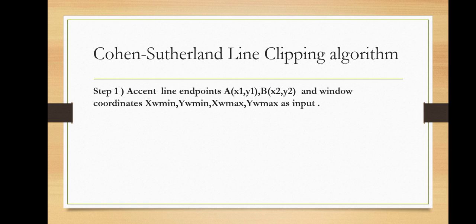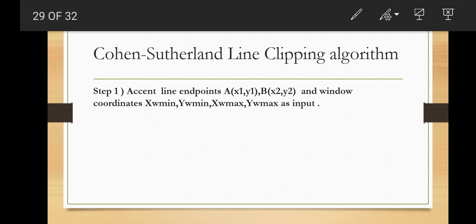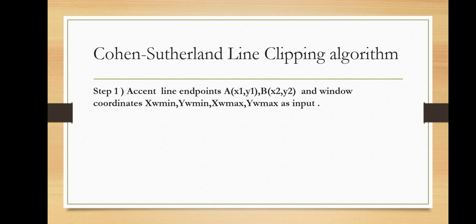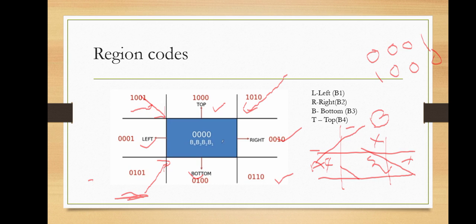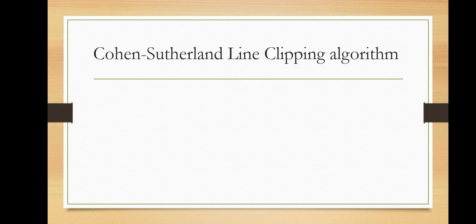After accepting it, we calculated region codes by seeing the regions, but that is not possible in a computer, so you must have some formulas for calculation of the region code.